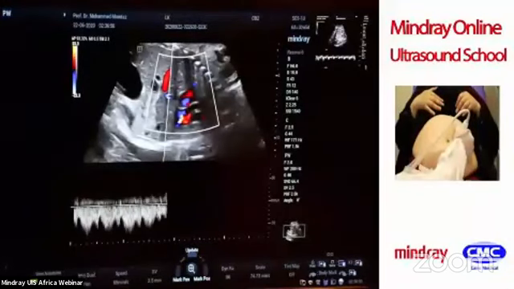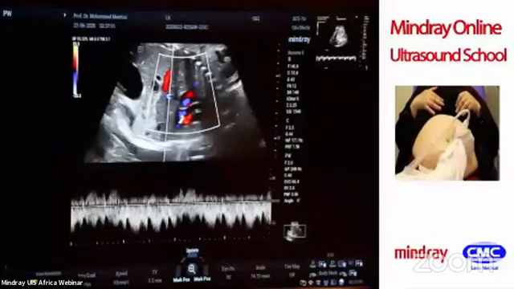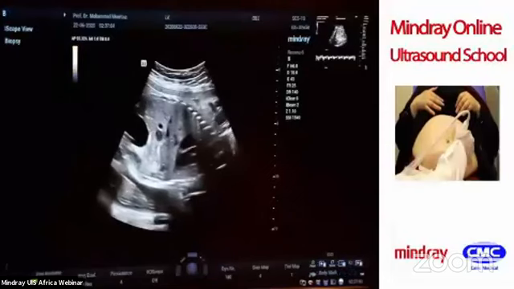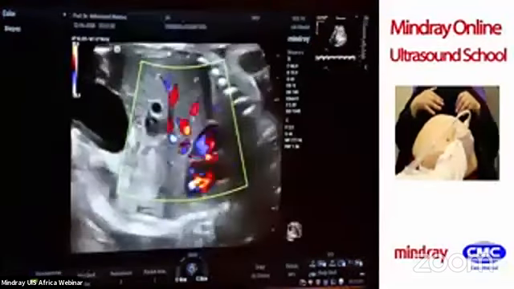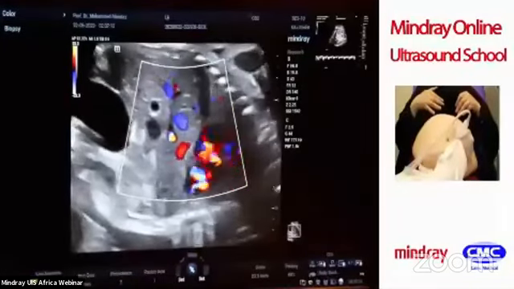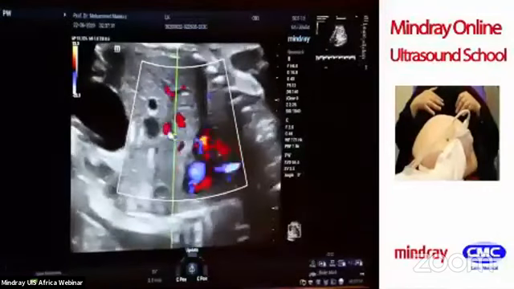And as you can see here, it is characterized by A wave, C wave, and so on. And if you find the A wave is reversed or absent, then there is abnormality. Again, this is how to get the ductus venosus. This is the ductus venosus, okay? And this is the flow in the ductus venosus.